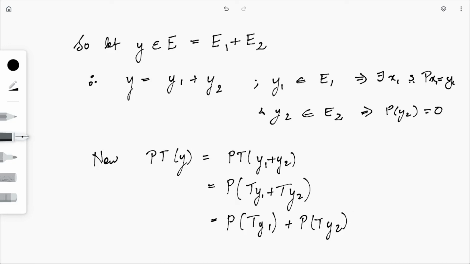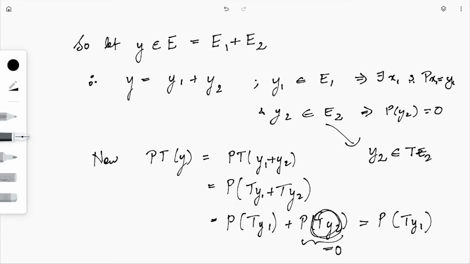Okay, now y2 is an element of E2, and we have assumed that E2 is invariant under T. So T of y2 is an element of E2, which implies P acting on it will be 0. So this term is equal to 0.